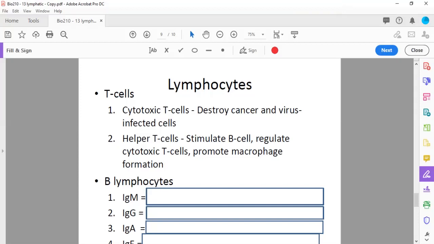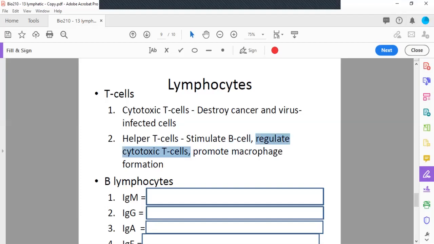Next is helper T cells. The helper T cells stimulate B cells. If you remember what I said, B cells are involved with antibodies. The helper T cells also regulate the action of cytotoxic T cells, and in addition, the helper T cells promote macrophage formation.